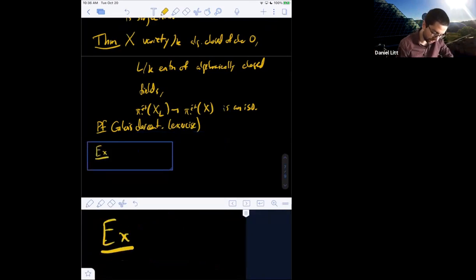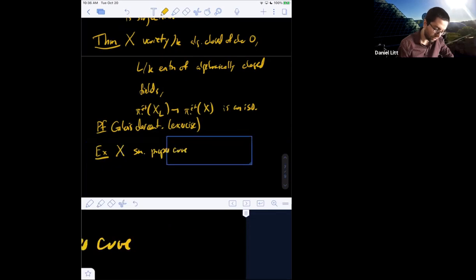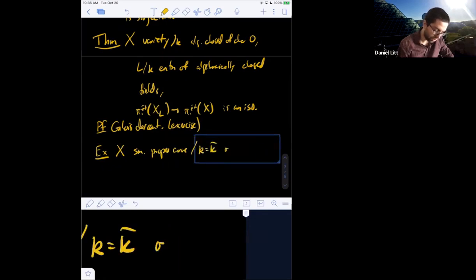So here's an example. Suppose X is a smooth proper curve over an algebraically closed field of characteristic P bigger than 0.